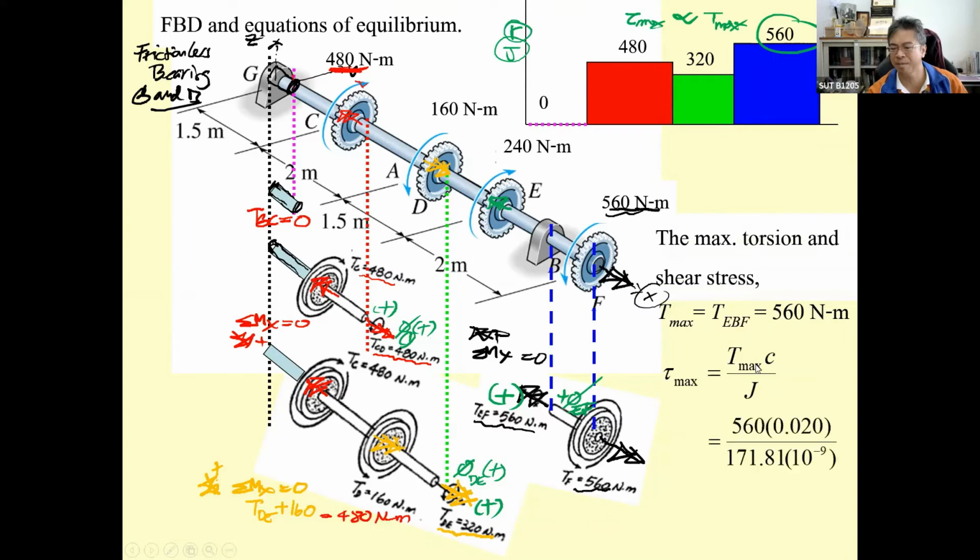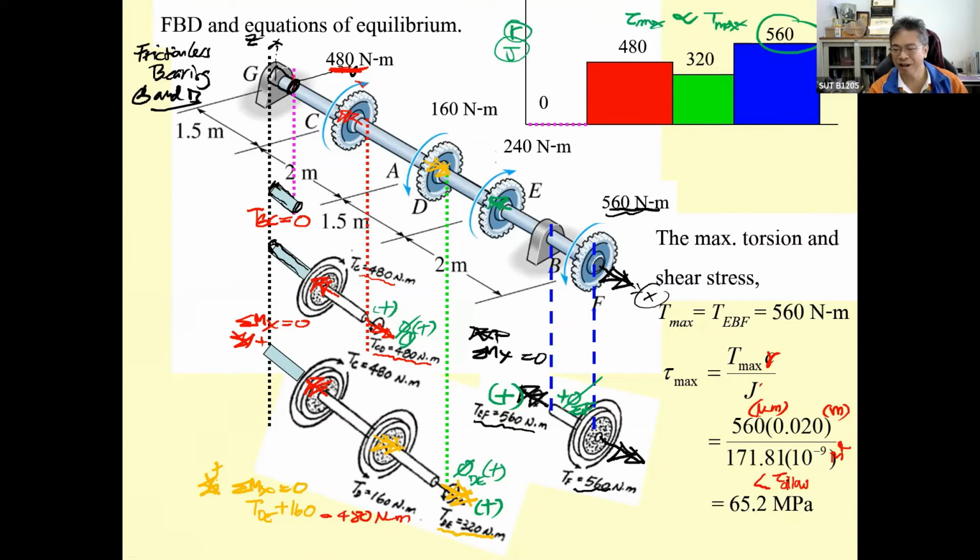Just put them into the equation, and let me tell you again, since this one is Newton meter, the radius over here must be in meter, and the J over here must be in meter to the fourth power. So you will get the shear stress of 65.2 megapascal, and this must be less than, actually in the design, less than tau allowed.